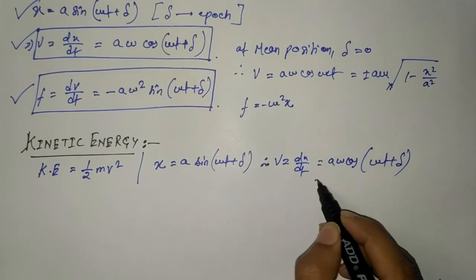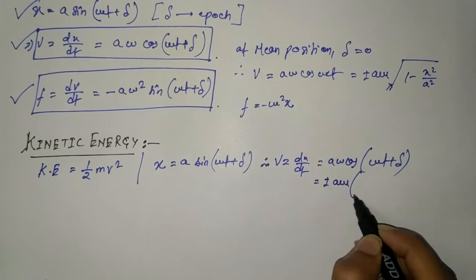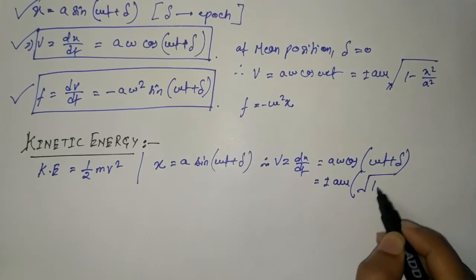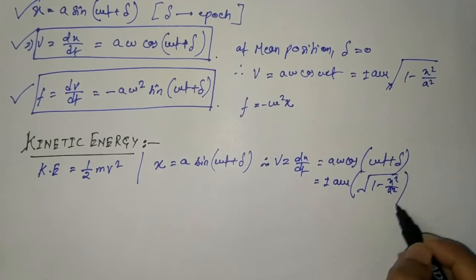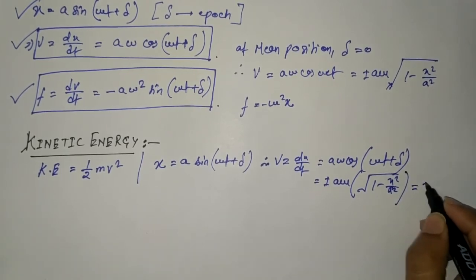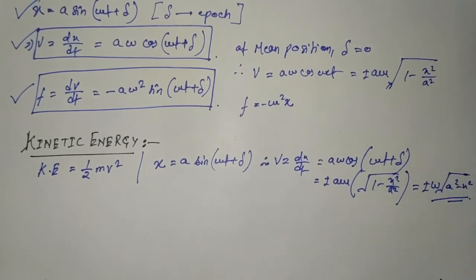So that is equal to plus minus a omega into root over 1 minus x square by a square. That is equal to plus minus omega root over a square minus x square. We are finally getting this value.